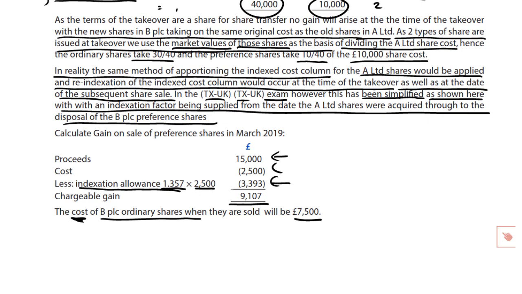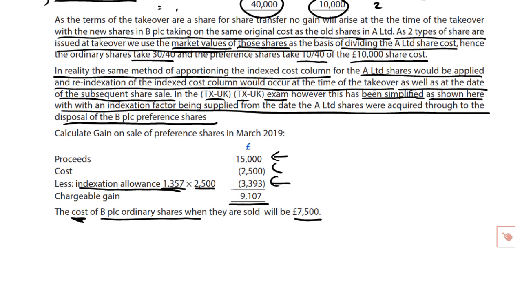So go back to the very beginning. What did you originally acquire at what cost? What were the terms of the takeover? How many ordinary shares? How many preference shares? What were they worth at that date of takeover? Establish the market values and use those market values to split out the original shareholdings, original share cost.